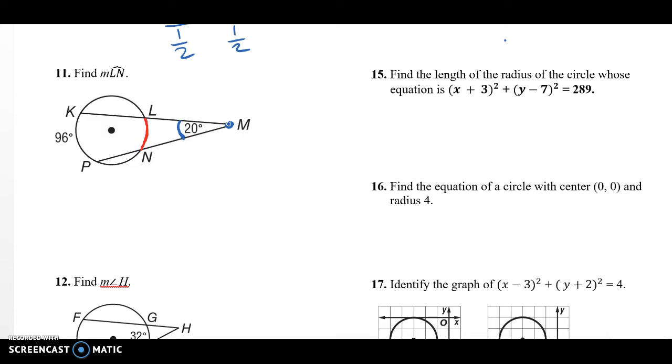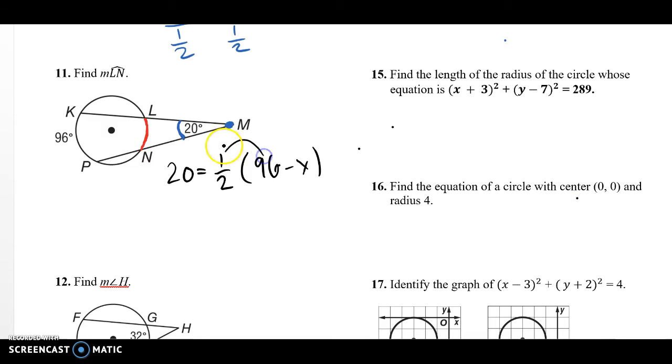So using that formula, 20, which is the measure of the angle, is equal to 1/2 of the difference. The difference means we do the big arc minus the small arc. We have the big arc, it's 96, and we don't have the small arc, so we'll call that X, minus X.